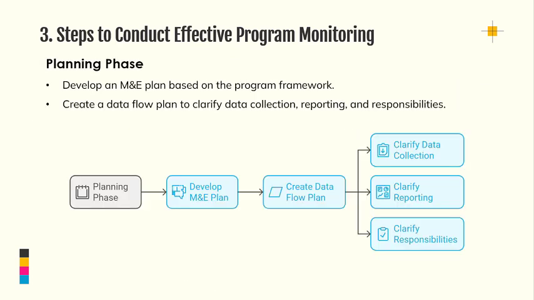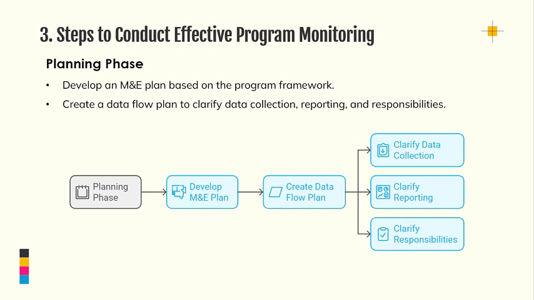Another important aspect that I want to share with you, which is also another step: what are some of the things that you need to consider as you are monitoring your program? During the planning phase, when you integrate it with the whole project cycle, you need to develop an M&E plan based on your program framework.